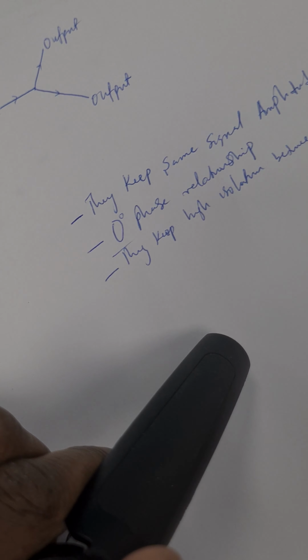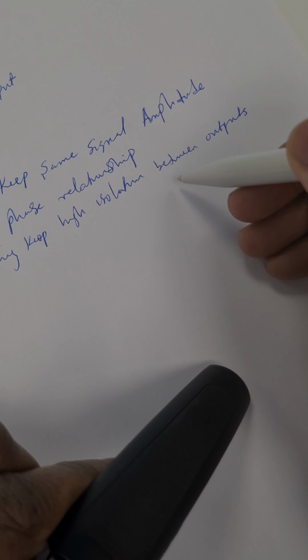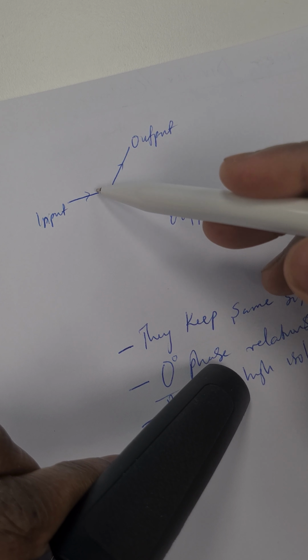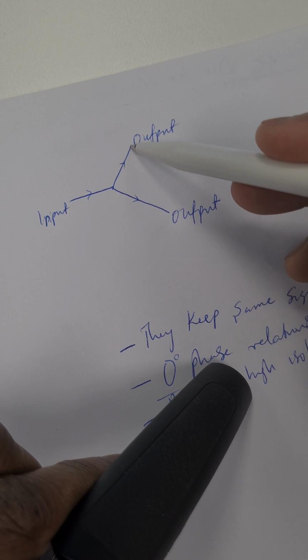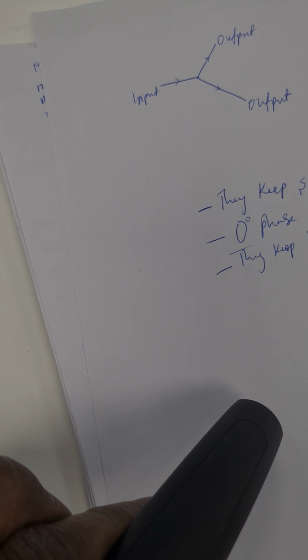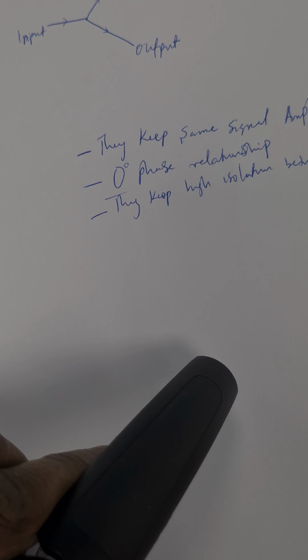So meaning that signal will not leak from either of the ports to each other. So if you send signal here, a different signal will go here and a different signal will go here.